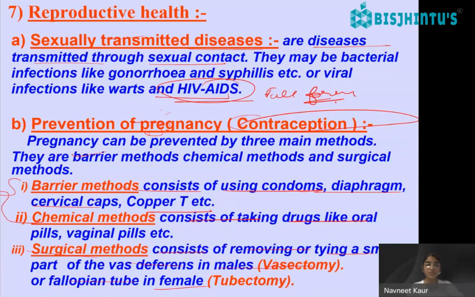If a small part of the fallopian tube is cut or tied, then the transportation of the male gamete to the egg, and that egg to the uterus, will not take place. So fertilization will not take place, and for the obvious reasons, pregnancy will not take place.